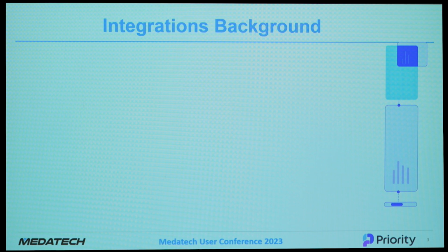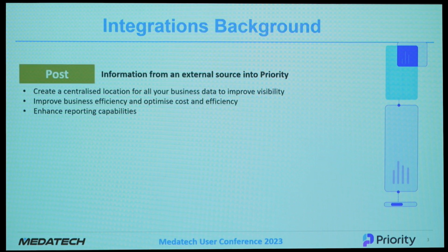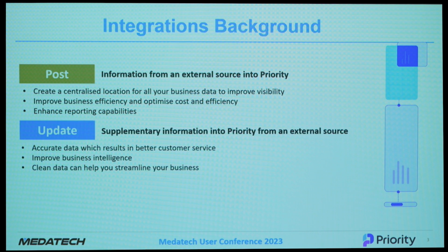So integrations. We have post-type integrations. Post is taking information from an external source outside of Priority, somewhere else, and bringing it into Priority for you. There are a few benefits to using post-type integrations. Update is keeping your data much like post, but maintaining data that already exists rather than bringing in new data into your system.